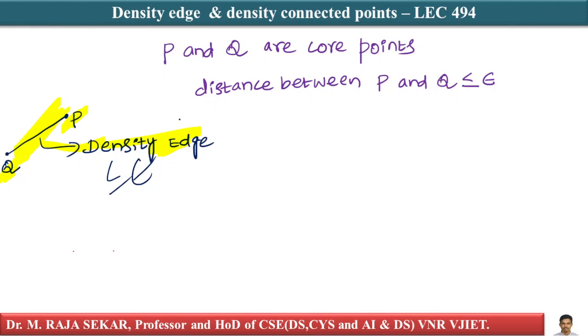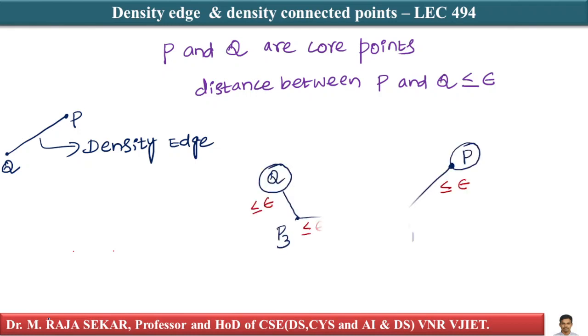The second concept is density connected points. Two points P and Q are core points.